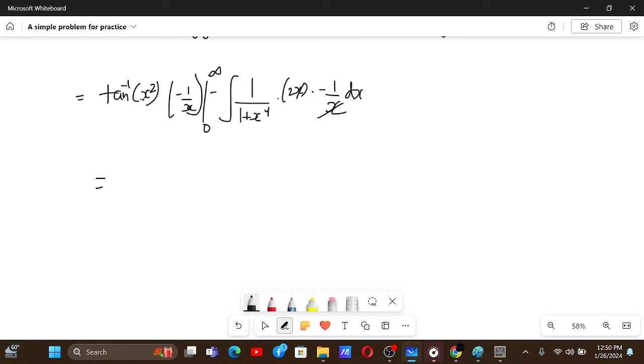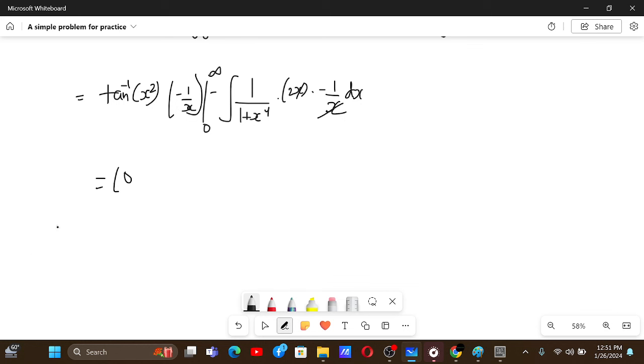So at infinity, tan inverse infinity will be pi by 2, but the infinity in the denominator will make this term 0. And at 0, we have tan inverse x square by x. If we use limits, because it's 0 by 0 form, tan inverse x square will just be x square.